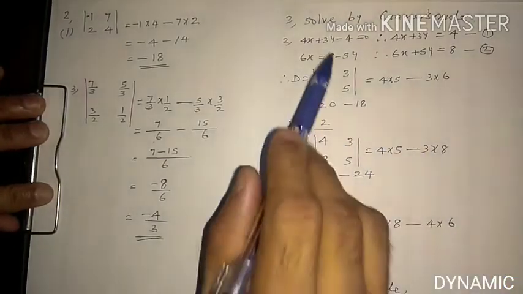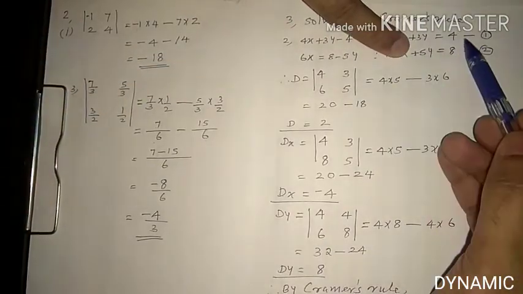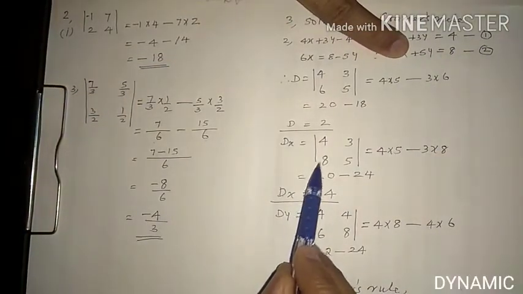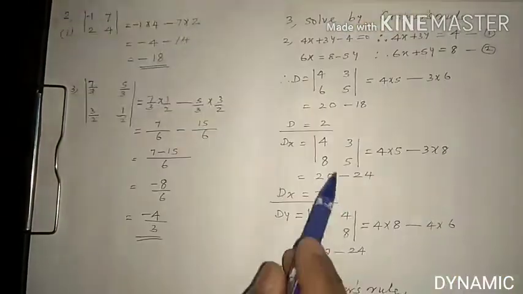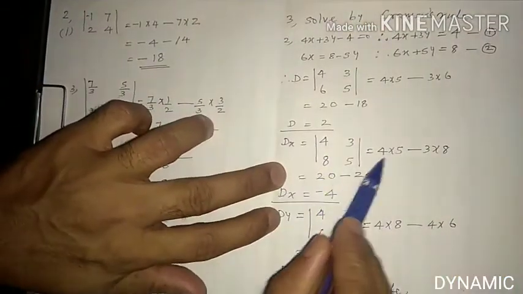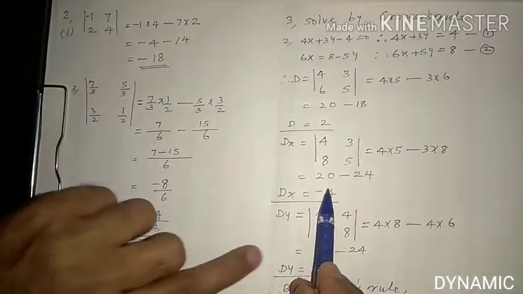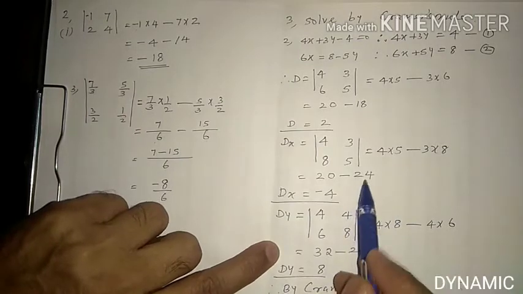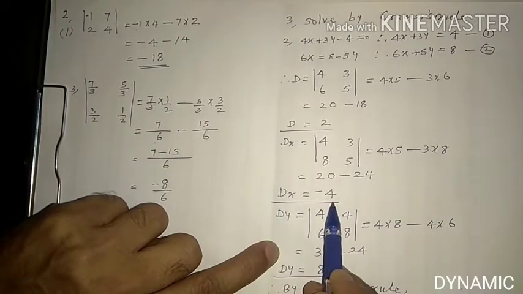Now dx. In the place of x coefficients, we replace this by 4 and 8. The y values are 3 and 5. 4 5s are 20 minus 3 8s are 24. 20 minus 24 is minus 4. Dx is equal to minus 4.